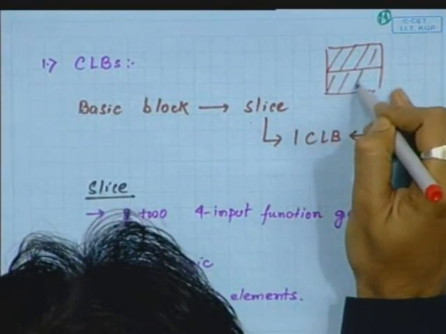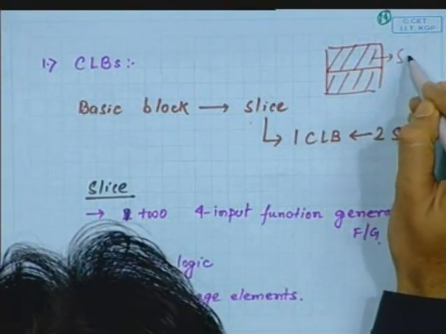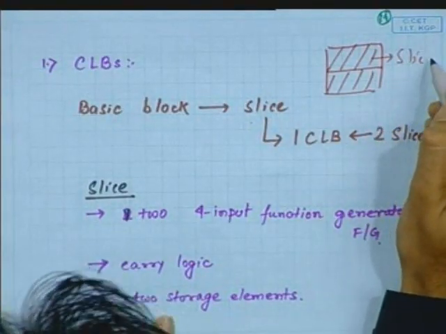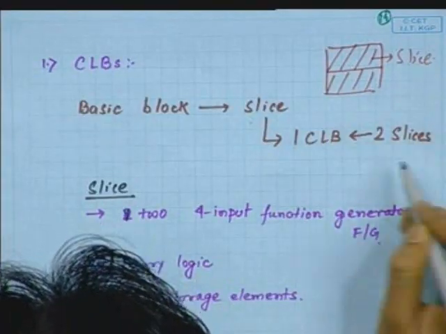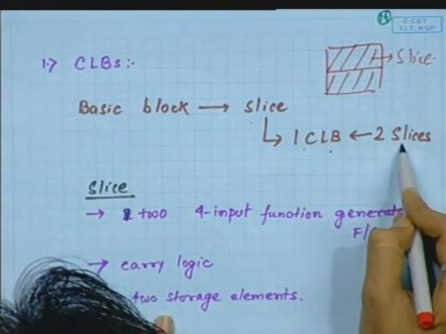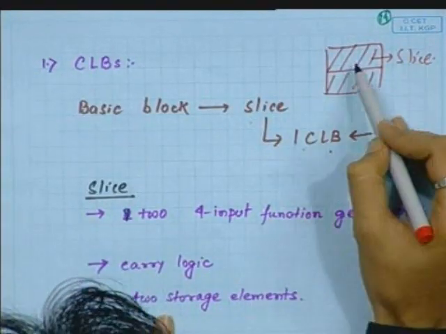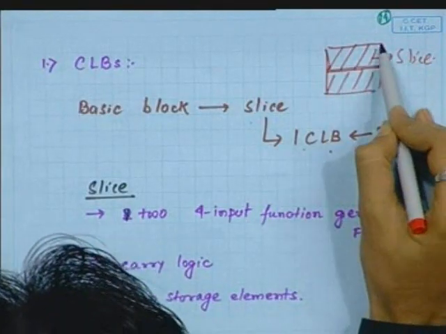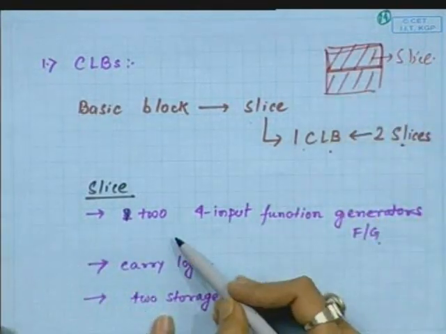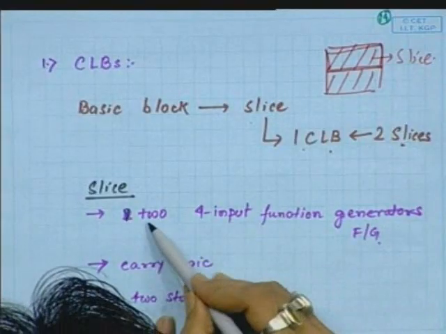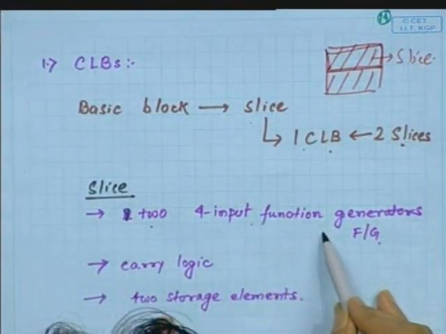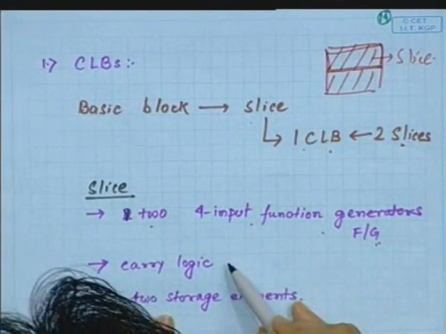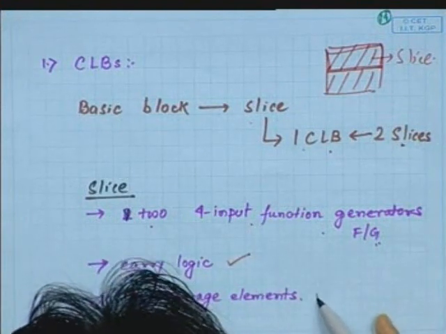Each half is called a slice. We are talking about Xilinx FPGAs, so each CLB contains two slices. Now we look into this slice. What does a slice contain? The slice contains two 4-input function generators, carry logic and storage elements.